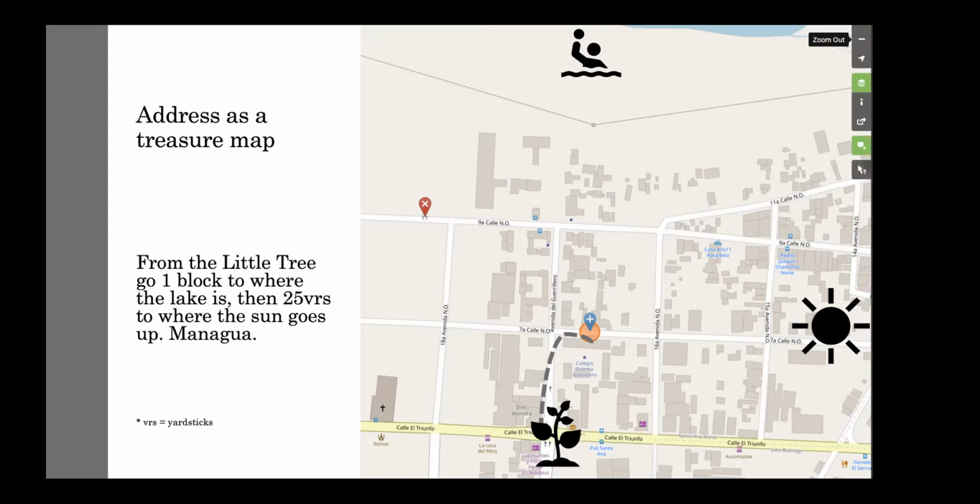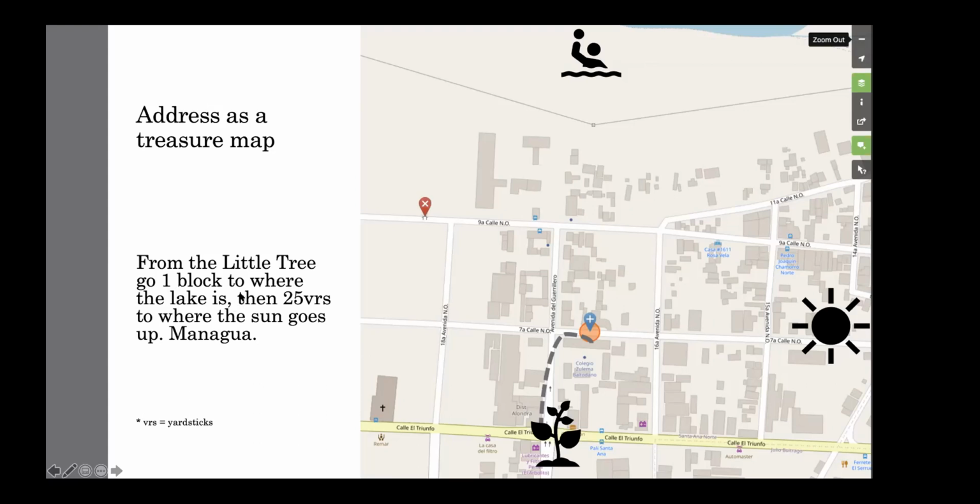This concept is more related to a point of interest, as it is called in OpenStreetMap. So the indication is: from the little tree, go 1 block to where the lake is. If you look at the top of the screen, there's a little blue area that represents Lake Managua. It's one of the orientations that we use.